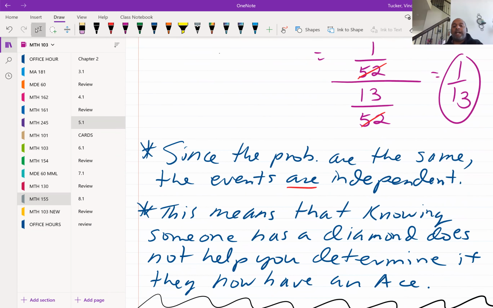This means that knowing someone has a diamond does not help you determine if they now have an ace. All right, any questions?